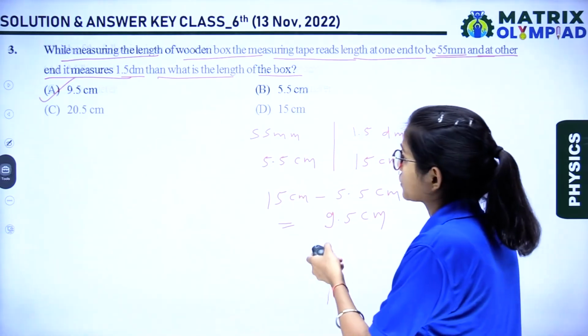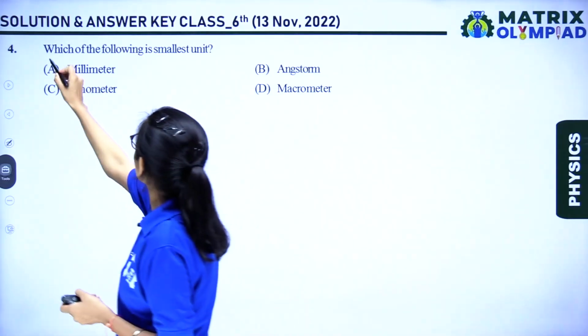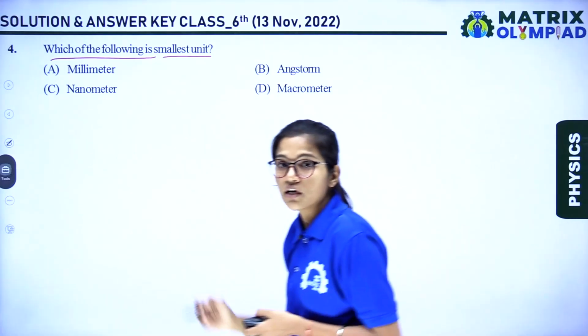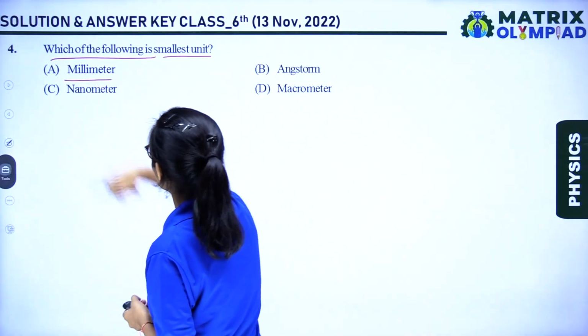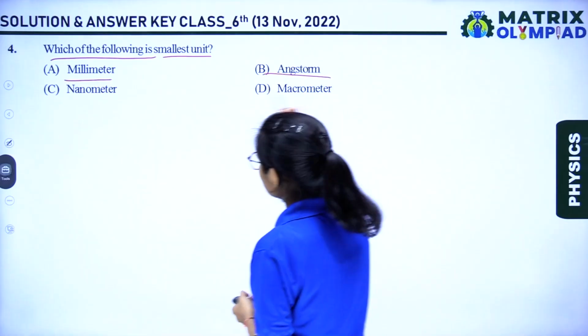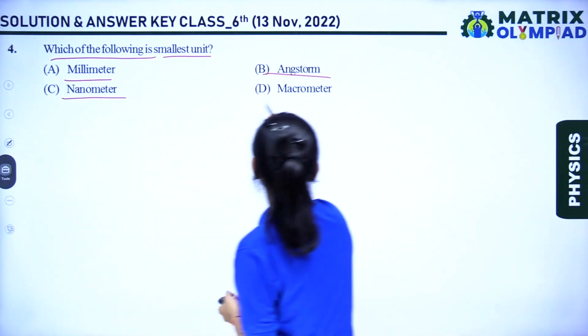Now let's come to question number 4. In question number 4, which of the following is the smallest unit? The first option is millimeter, then angstrom, nanometer, or micrometer.